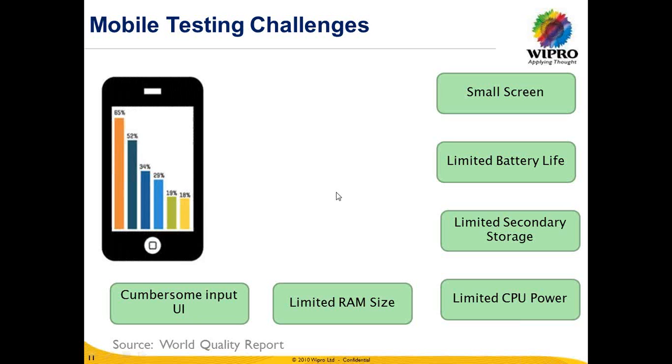Now look at the industry perspective, what industry people say about mobile testing. 18% of the people say they do not have time to test the mobile applications. 19% say they do not have an in-house testing environment.